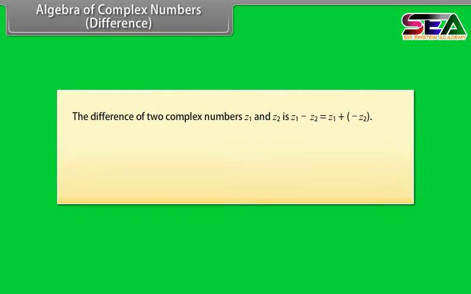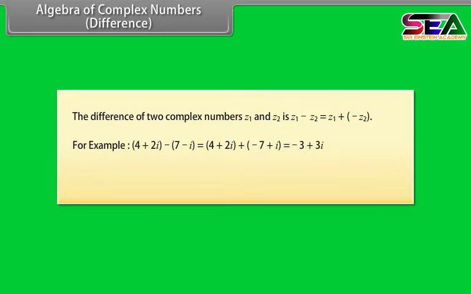Algebra of complex numbers. Difference. The difference of two complex numbers z1 and z2, z1 minus z2, is equal to z1 plus (minus z2).